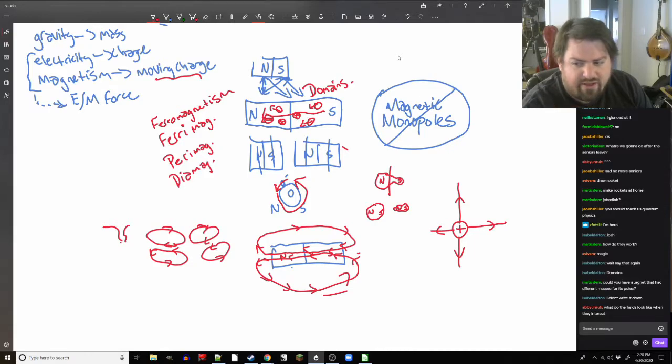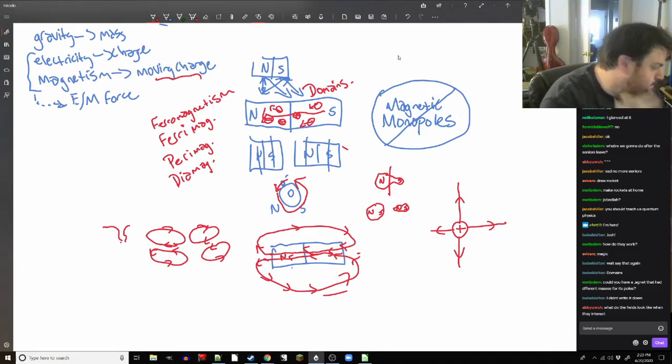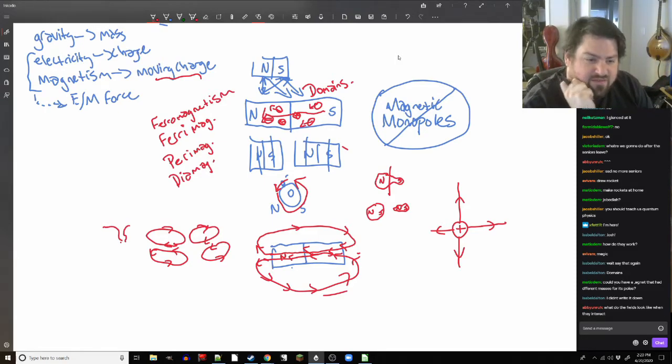It can't be a two-valued function at one point. It has to have a single value at a single place in space. So unfortunately, that means field lines can never cross.